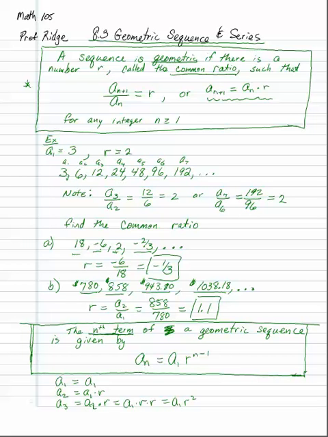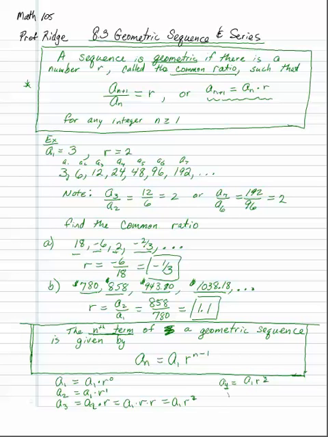And then a4 would be a sub 1 r to the 3. You can see this pattern emerge, where it's a1 times r to the power that's one less than the term you're on. Because when we start off the chain, a1 is just a1 times r to the 0.